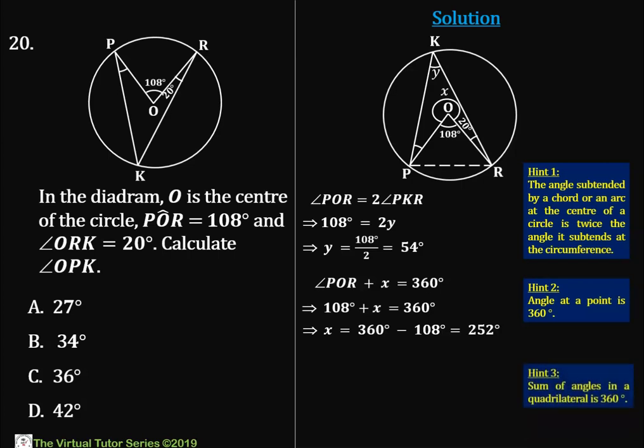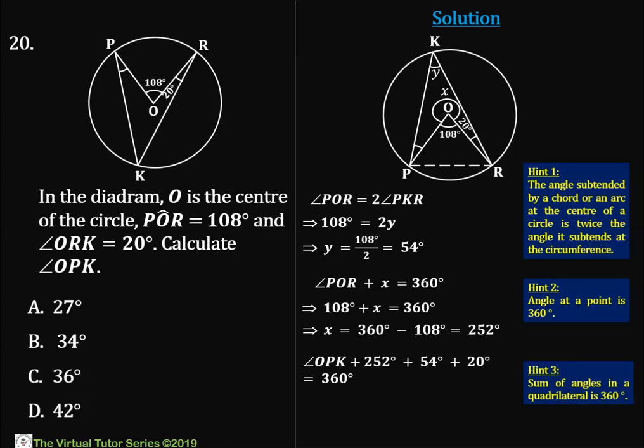Hint number 3. The sum of angles in a quadrilateral is 360 degrees. So for quadrilateral PORK, angle OPK plus 252 degrees, which is X, plus 54 degrees, which is Y, plus 20 degrees is equal to 360 degrees. 252 degrees plus 54 degrees plus 20 degrees is 326 degrees.